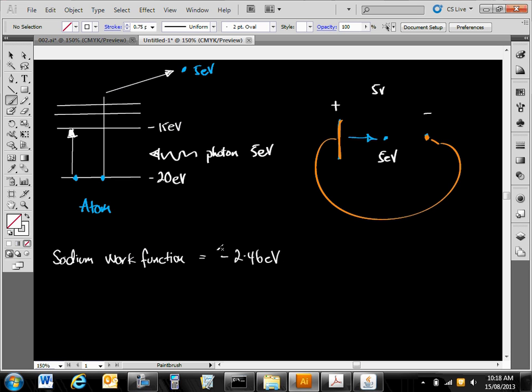And we would just say that as the modulus. So we need about 2.46 eV to make those electrons become free. Copper, 4.7 eV.